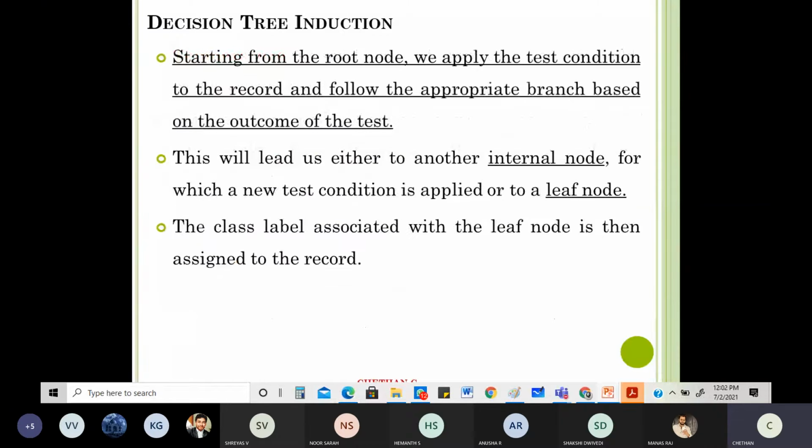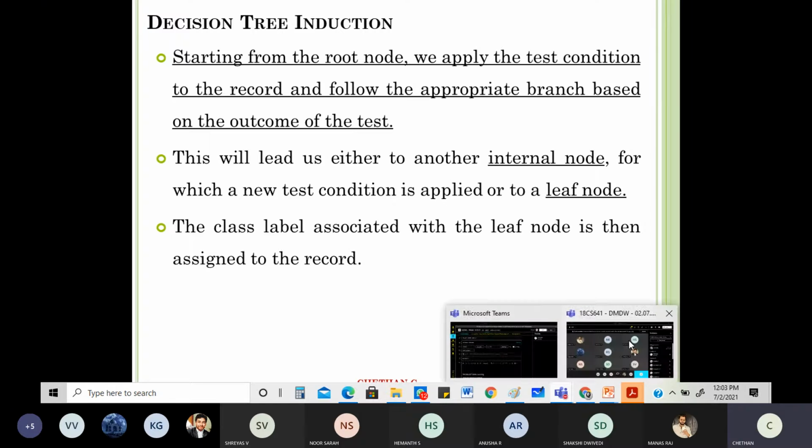Now, starting from the root node, we apply the test condition to the record and follow the appropriate branch based on the outcome of the test. So you see an internal node and you see a leaf node. The internal node will be checking for a condition. The leaf node will be giving you the results. These sorts of things need to be kept in mind.